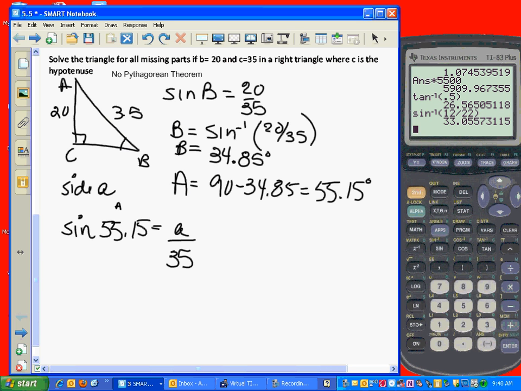Would you agree? So 35 times sine of 55.15 degrees should give you, I got 28.72. Is that what y'all got? Yeah.